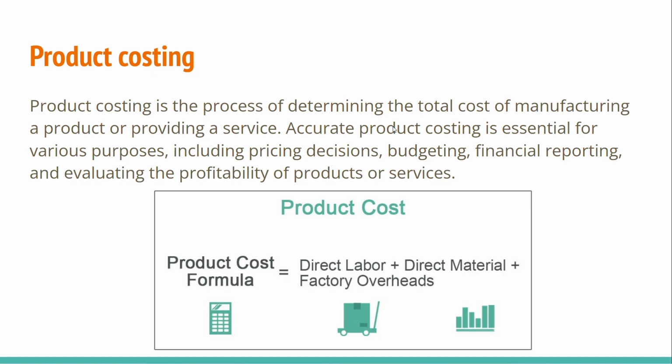Product cost estimate: the total cost of manufacturing a product includes material cost, labor cost, overheads, tools and inspection cost. It helps in setting the selling price and controlling profit margins. Here is the product cost formula: direct labor plus direct material plus factory overheads. These are a must.